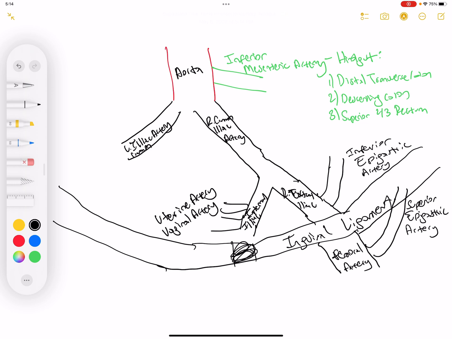These two arteries are clinically important because they are going to be the arteries that are most often injured during laparoscopies. In preparation for a laparoscopy, the surgeon places trocars on the abdomen, and most often these vessels are injured during the placement of the trocars.